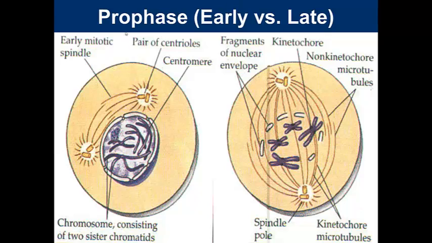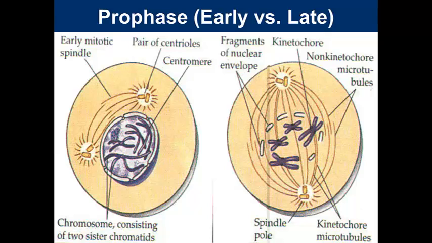There are two stages of prophase. There's an early stage and a late stage. In the early stage, you have this mitotic spindle forming out of microtubules. You have these little soda can shaped things called centrioles forming, and they organize the two halves of the cell that will eventually split.